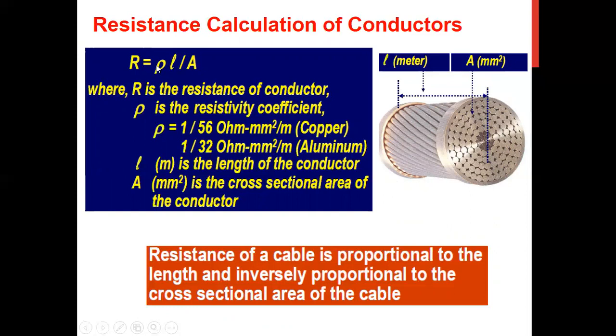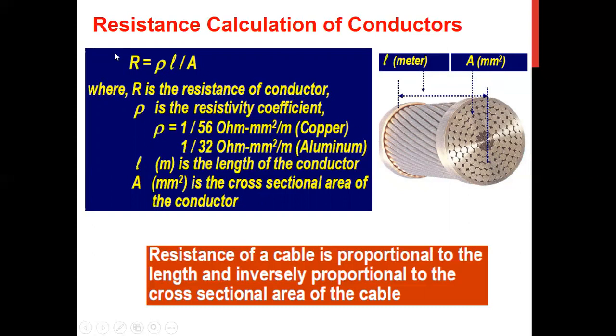Rho is a constant, the resistivity coefficient of the metal. L is distance in meter, A cross-sectional area in millimeter square. From here, it is very clear that the resistance is directly proportional to length.